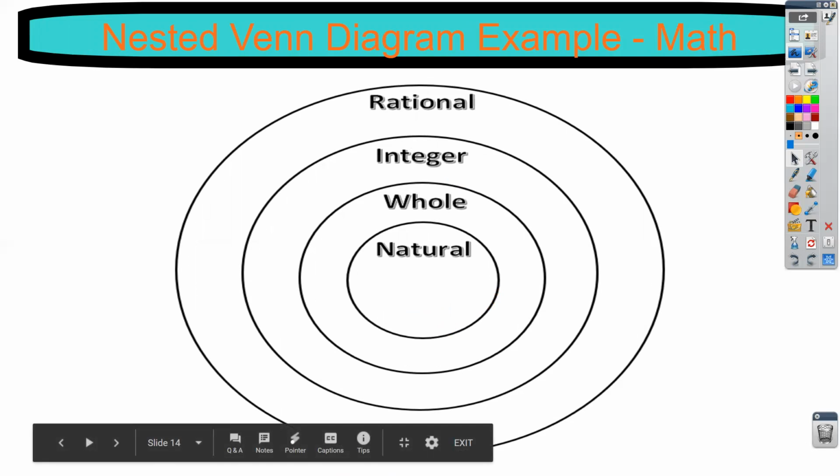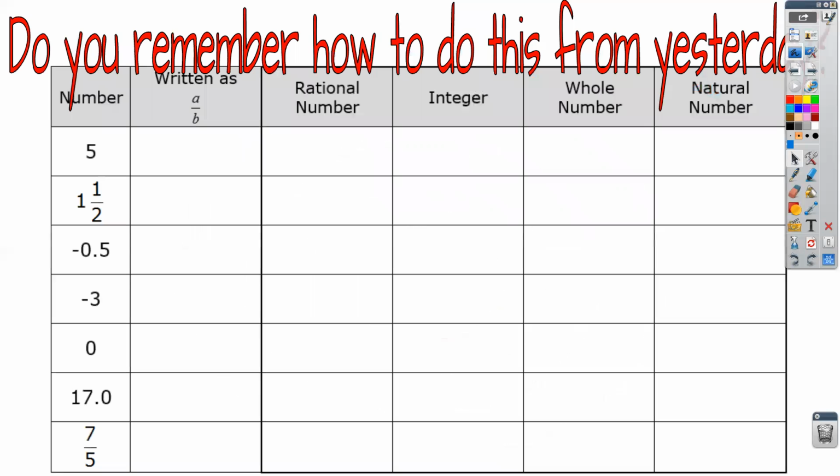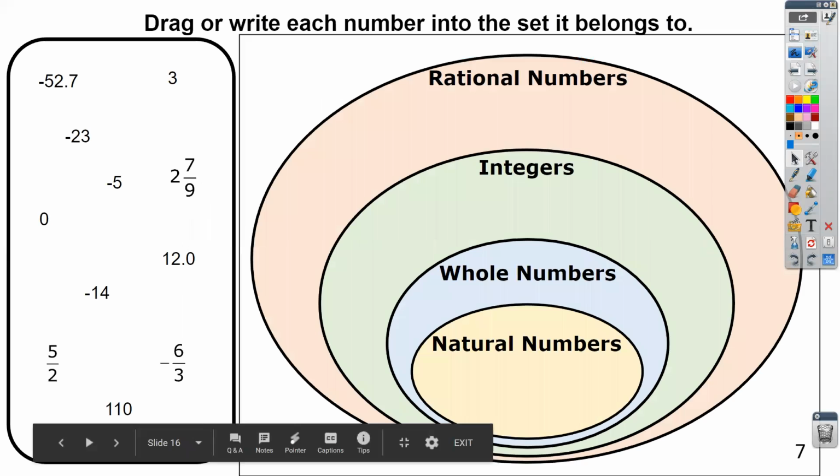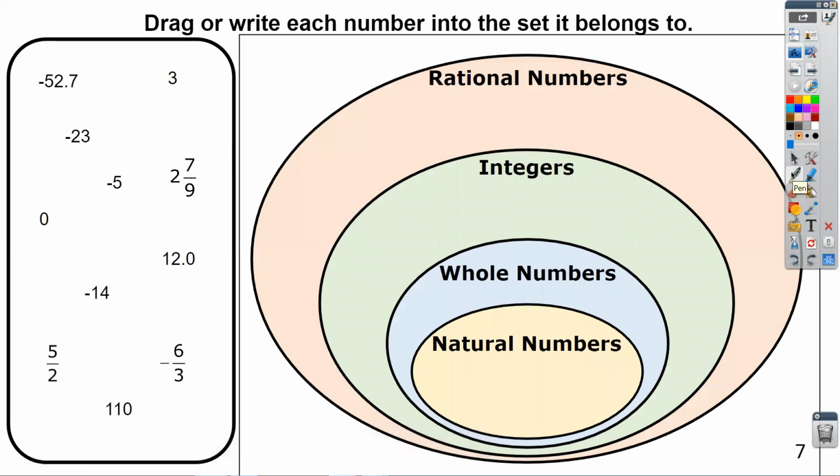Again, here's my thing from earlier, my different types of numbers. And then we just filled this thing out. And so now we're going to look at it using my Venn diagram. And we're just going to go through this really quickly. Now, if I start with the first one, 3, where does the number 3 show up for the first time only? 3 is a natural number, so we're going to put 3 in the natural numbers.